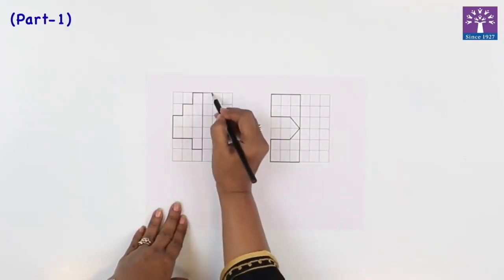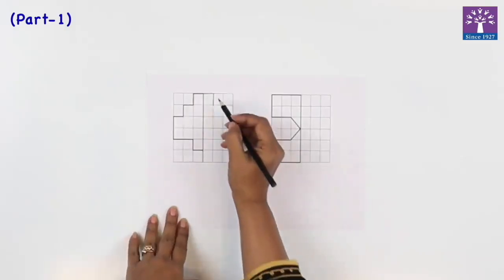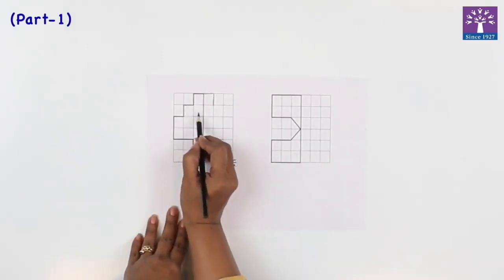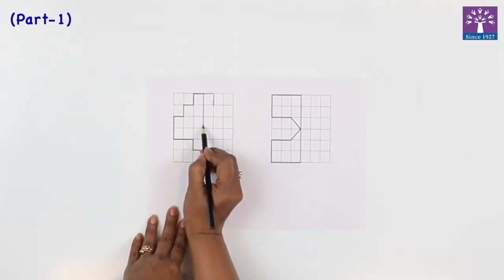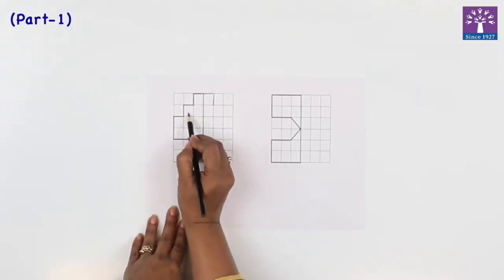Then there is a standing line. After the standing line, again on the left hand side, can you see that there is a horizontal line? But here from the center line or the mirror line, you have to count two boxes, 1, 2, and then draw a sleeping line.